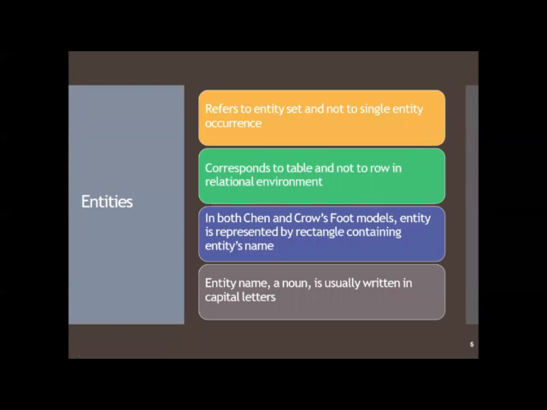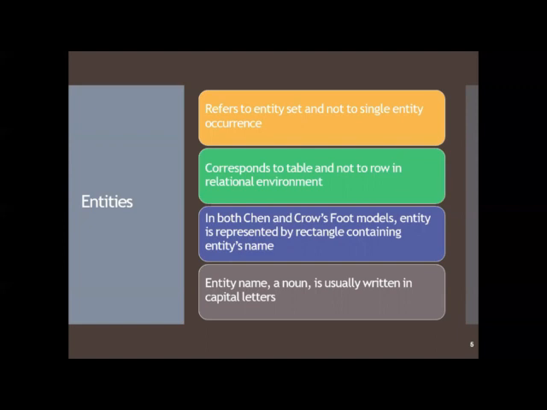Entities. What is the entities? Refers to entity set and not to single entity occurrence. Corresponds to table and not to row in relational environment. In both chain and cross-foot models, entity is represented by a rectangle containing entity's name.